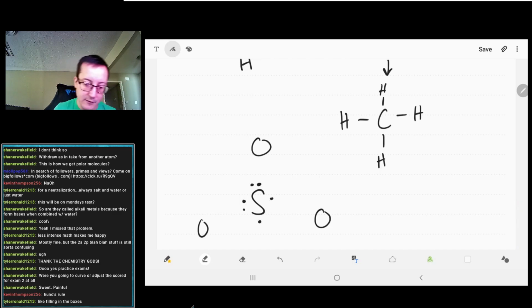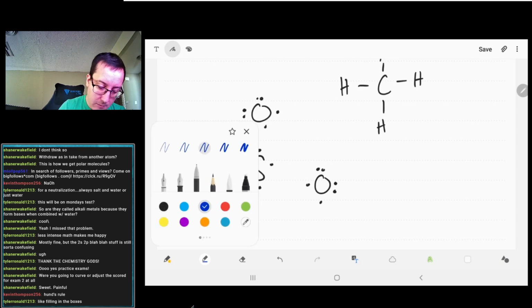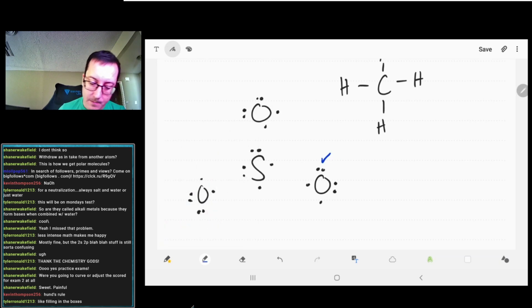Okay, here's sulfur. All the oxygens are going to have 6 valence electrons as well. The goal of a Lewis structure is to make sure that your outer atoms have all their electrons paired off through chemical bonds. So, if we look at the oxygen on the right, we already have 2 pairs of electrons.